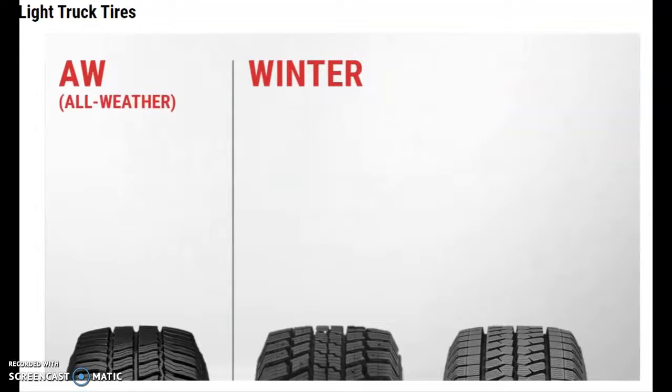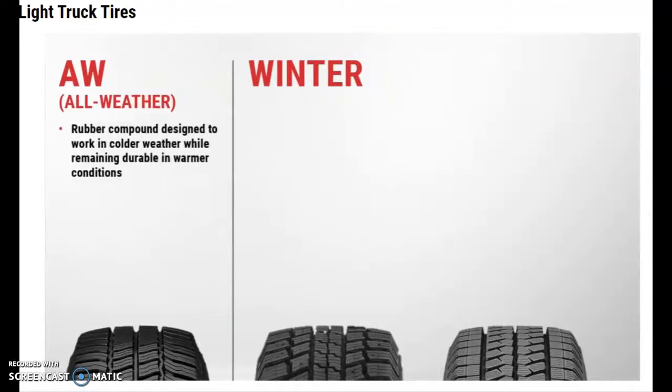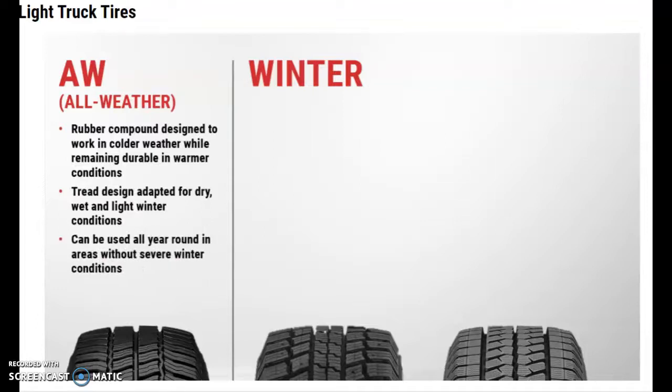AW stands for All-Weather. All-weather tires have a compound that enables them to operate safely in colder weather, while staying durable in warmer conditions. The tread design is adapted for dry and wet conditions, as well as light winter conditions. These tires are designed to be used all year round in areas without severe winter conditions. These tires sport the 3PMS symbol on the sidewall.